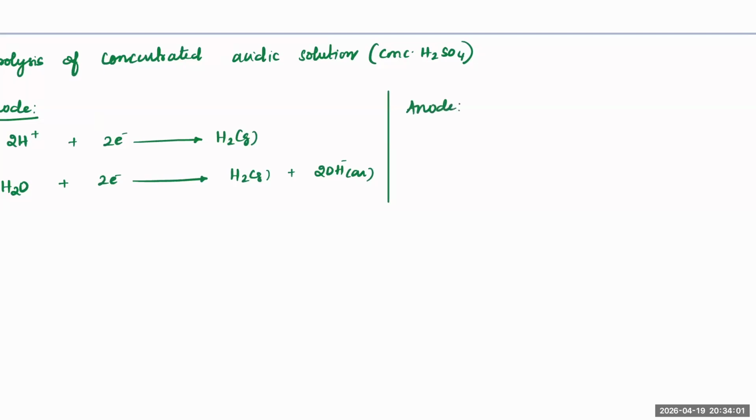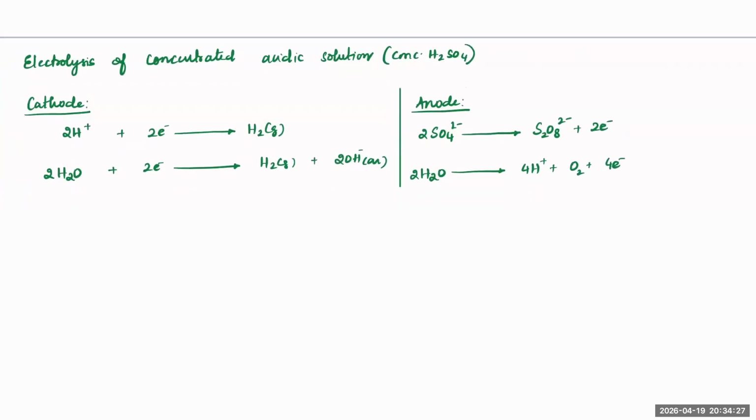At anode, you see SO4 2 minus is competing to become S2O8 2 minus plus 2 electrons, while H2O is also competing to become 4H plus, O2 plus 4 electrons, correct?